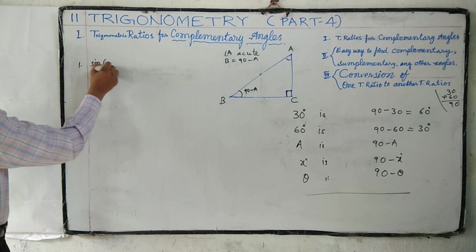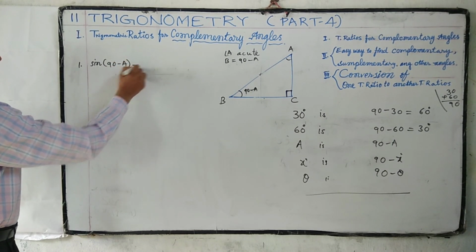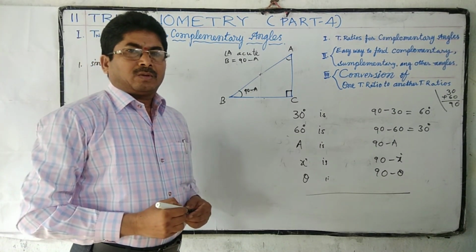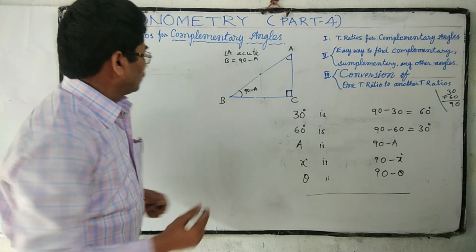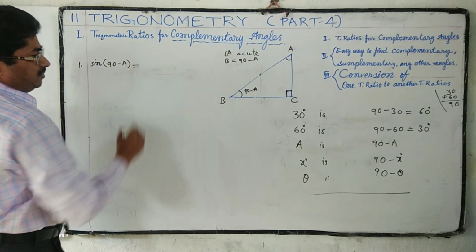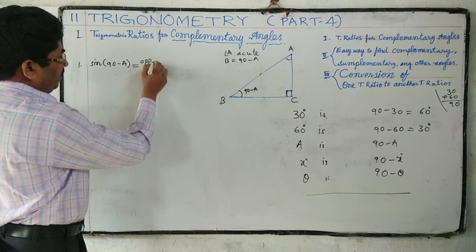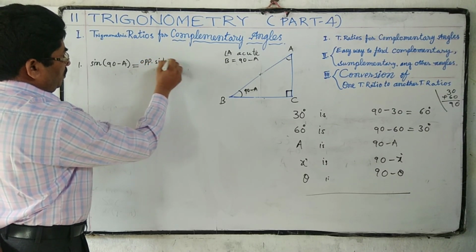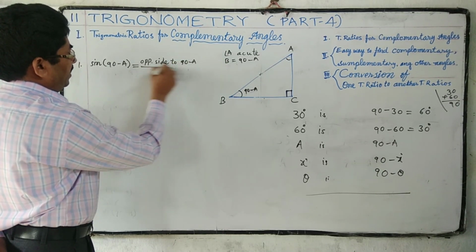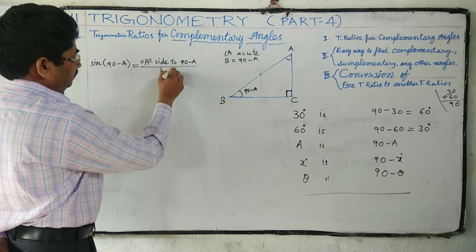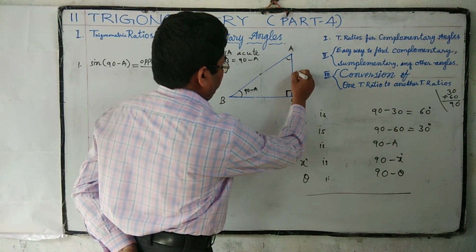Sin 90 minus A is equal to, we know the definitions of trigonometric ratios, opposite side to 90 minus A by hypotenuse. Opposite to 90 minus A is AC.